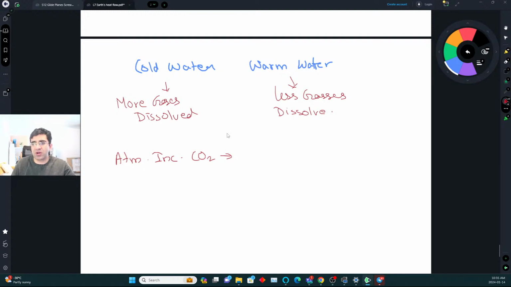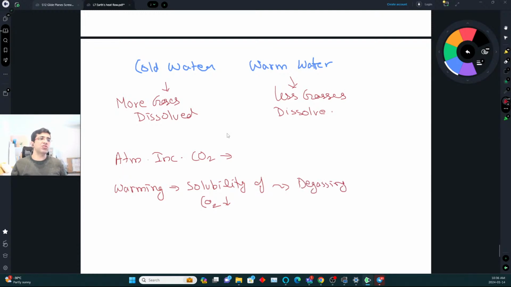More carbonic acid will be there, but if it warms the planet, the solubility of CO2 decreases, and that decrease in solubility will cause what is called degassing.